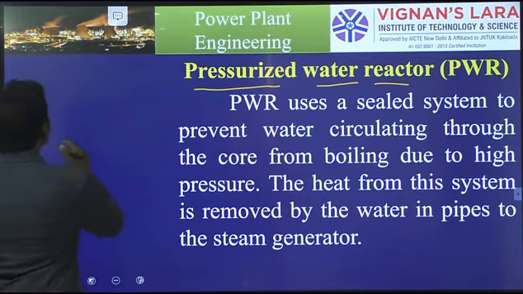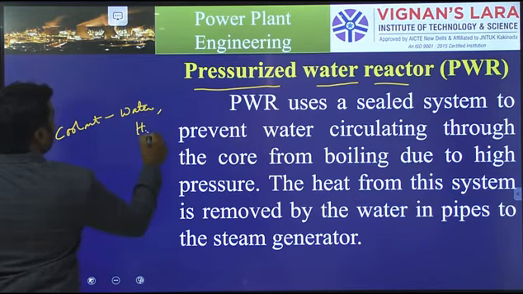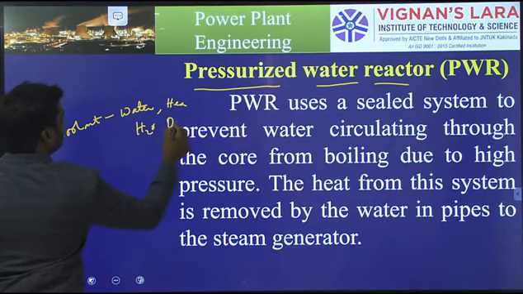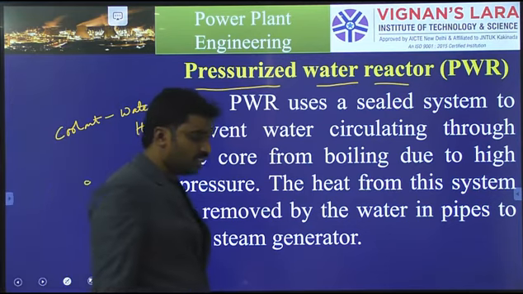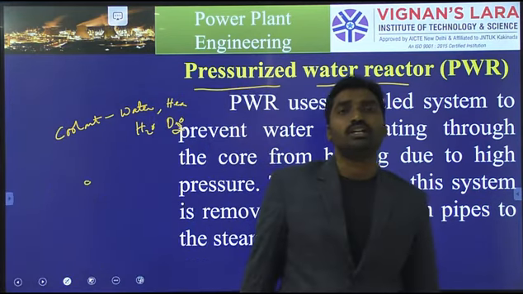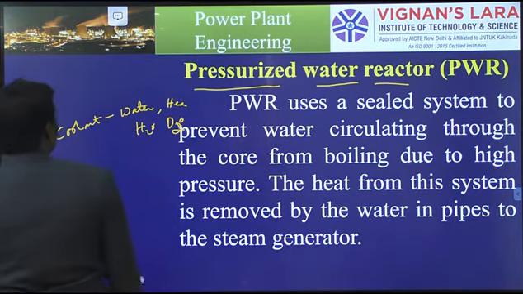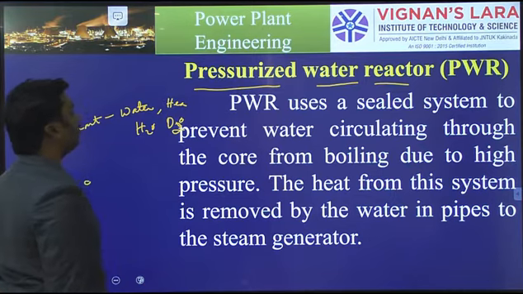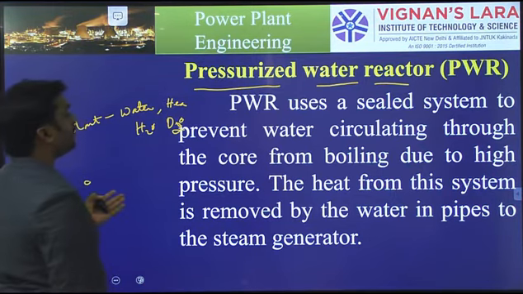What materials are we using for a coolant? We use different types of materials, especially water, that is H2O, and deuterium oxide, heavy water, D2O. In most nuclear reactors we use the moderator and the coolant as similar materials, like water and heavy water.